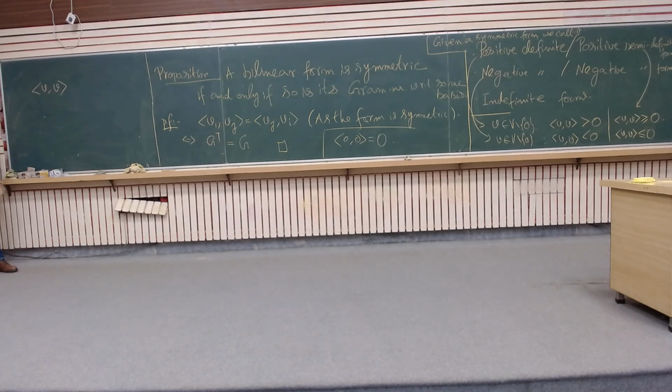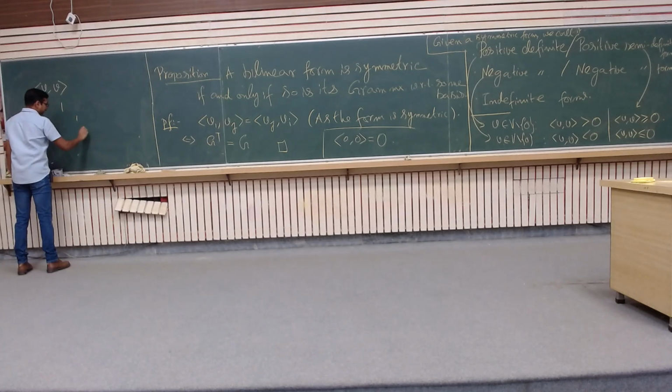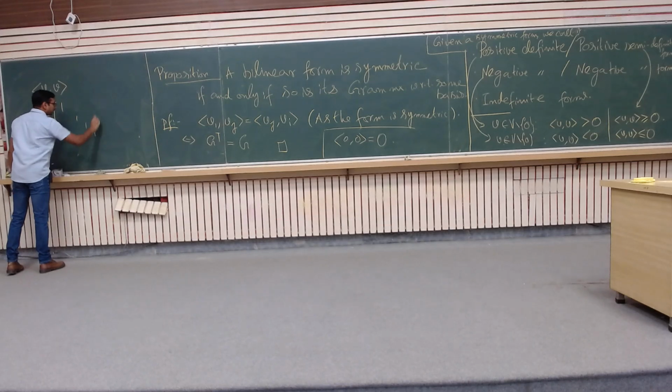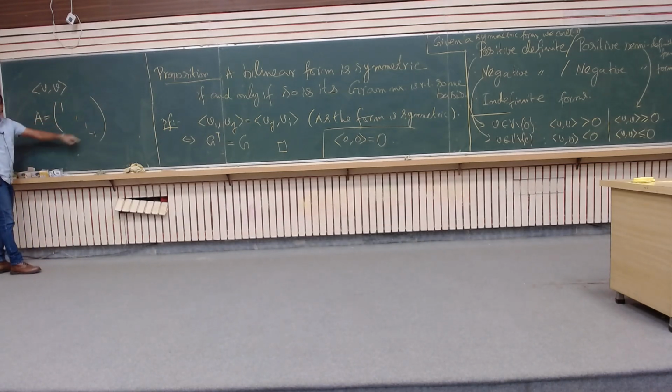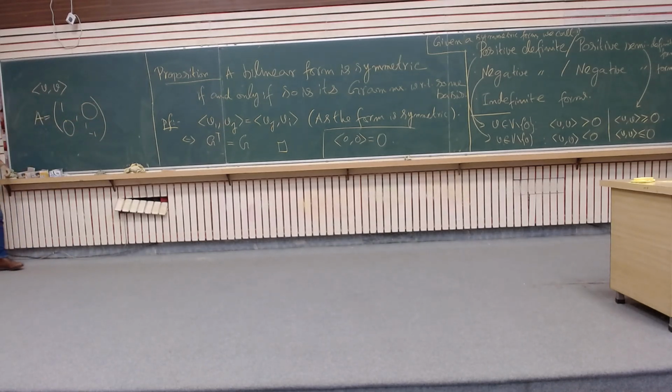For example, there is something called the Lorentz form. You have seen Lorentz transformations and Lorentz forms already in special relativity, or you haven't. So you have this matrix, say A is diag(1, 1, 1, minus 1), corresponding to the space coordinates and the time coordinate there. Consider this to be your Gram matrix.